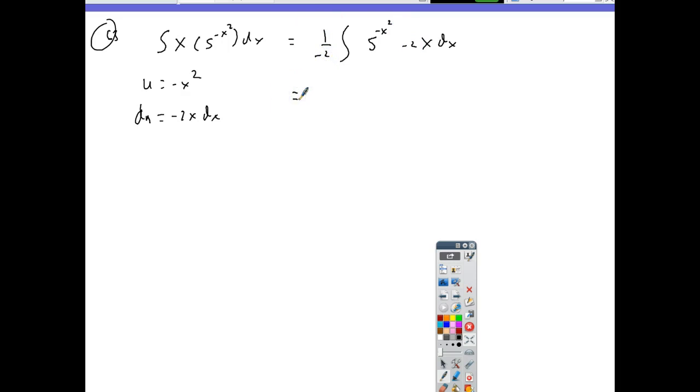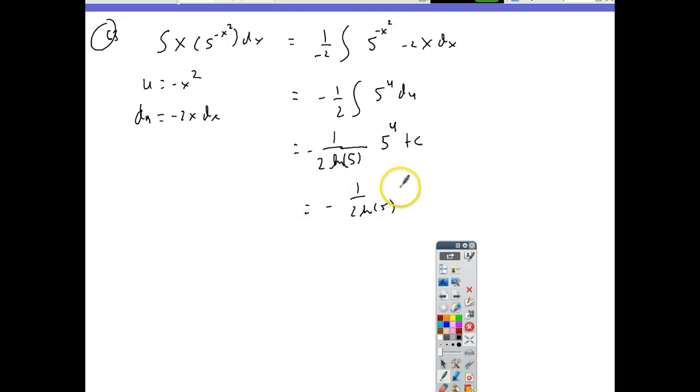So now everything's ready to be u'd, so I'm going to u it. Right. And then that's going to be 1 over negative 1 over 2 ln of 5, times 5 to the u plus c. Is that right? Okay. And that's negative 1 over 2 ln of 5 times 5 to the negative x squared plus c.